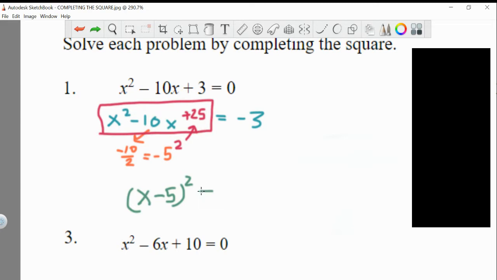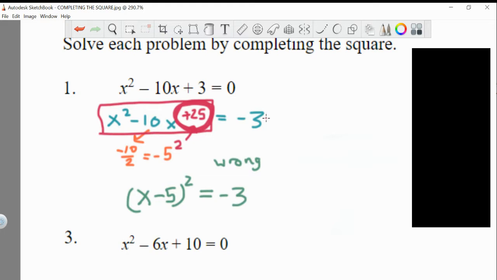Now, unfortunately, this is a mistake, okay? A lot of people are going to make this mistake. What we've done wrong here is that we cannot just add 25 for free. We can't just put 25 on there and say this is the same question, because it's not the same question anymore. We've changed it with the 25.